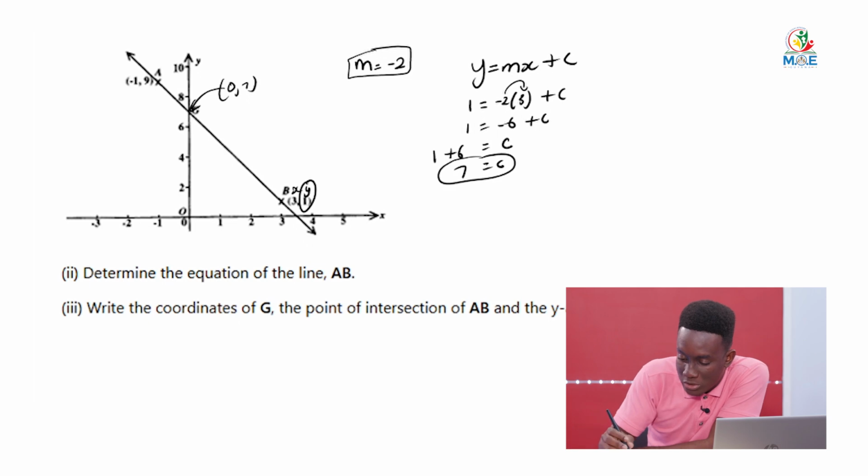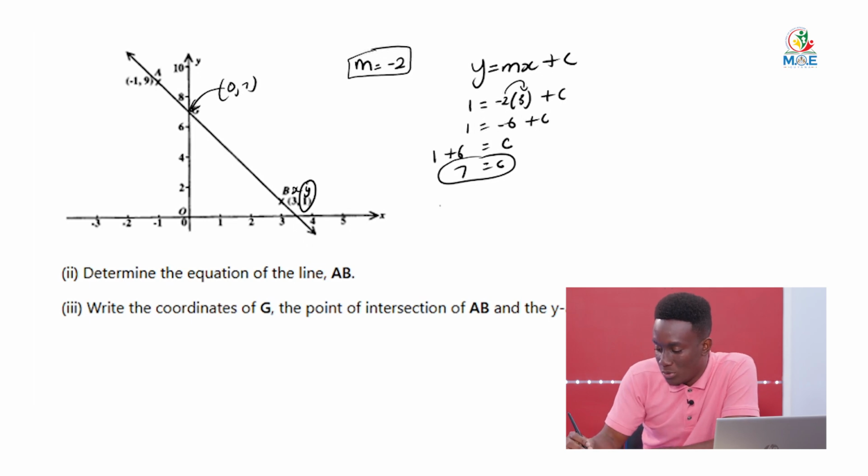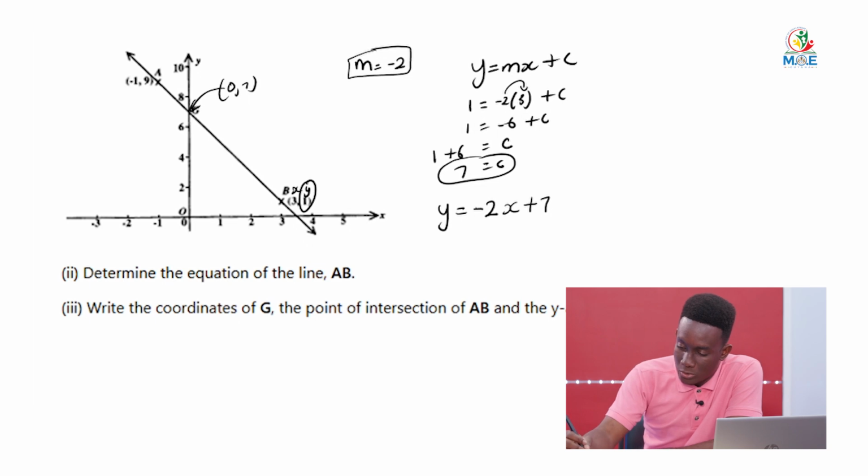We already knew that though, since we could see the y-intercept would be 7 from looking at the line. Nevertheless, the equation of the straight line is y equals m, which is negative 2, x, plus c, which is plus 7. This is the equation of the line, and that is part 2.